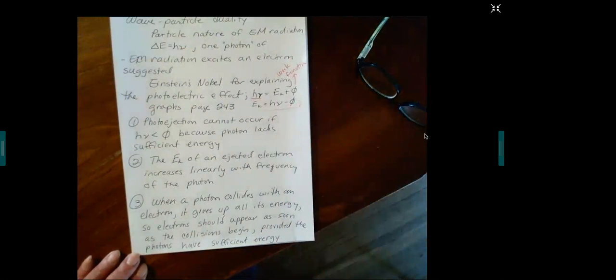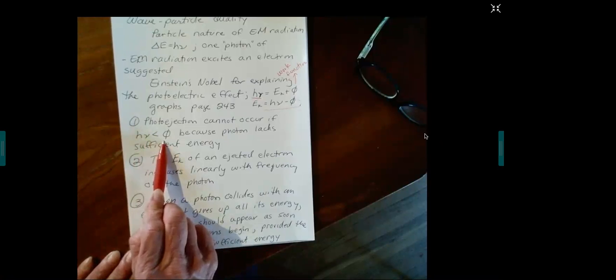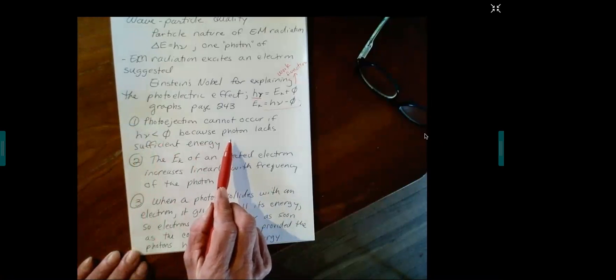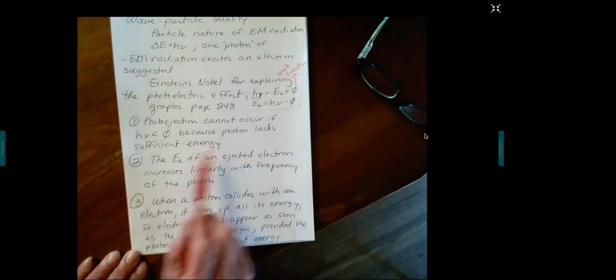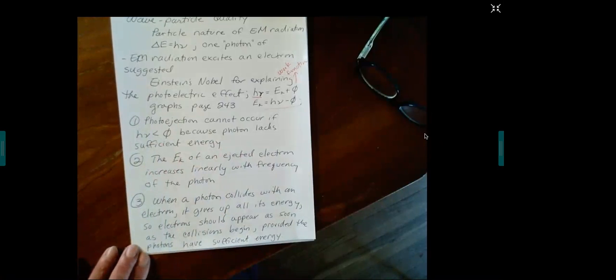If we summarize what the experiments concluded, number one is that photoejection, the ability for light to pull an electron off the surface, can't occur if the energy of the photon is less than the work function, because the photon would lack enough energy to pull it off. It would hit the surface and excite the electron, but it wouldn't have enough energy to pull it off.